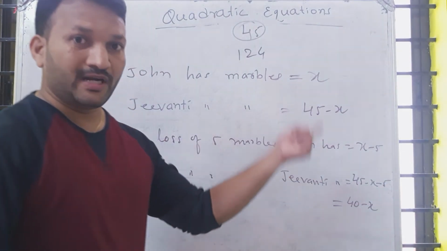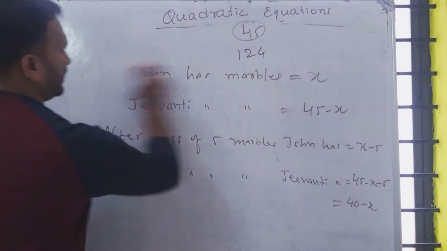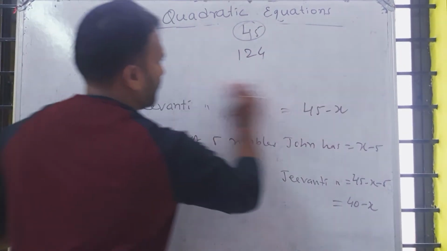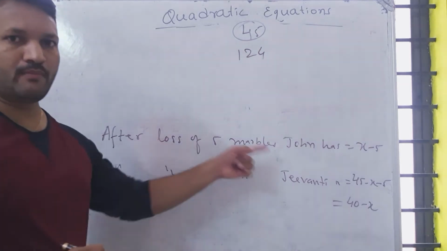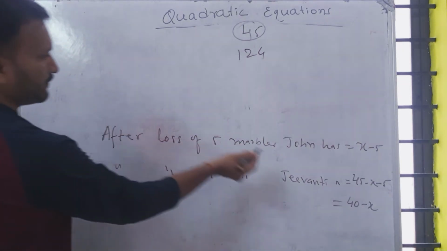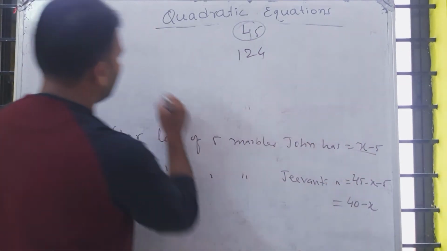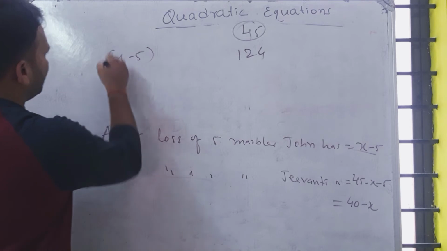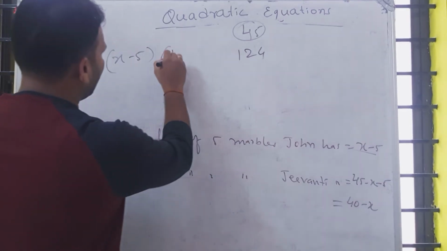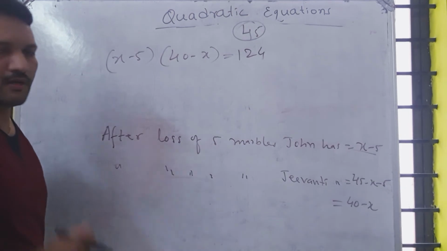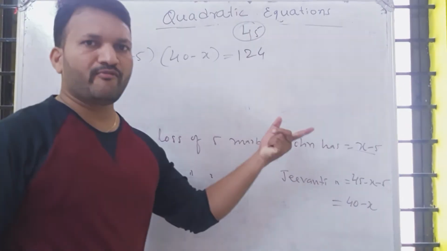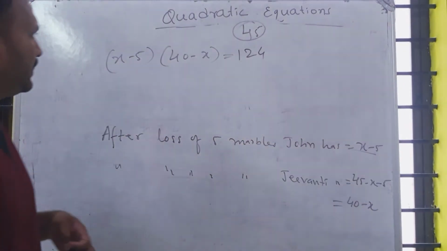Now the product of their marbles after the loss: John has X minus 5, Jivanti has 40 minus X, and the product is 124.